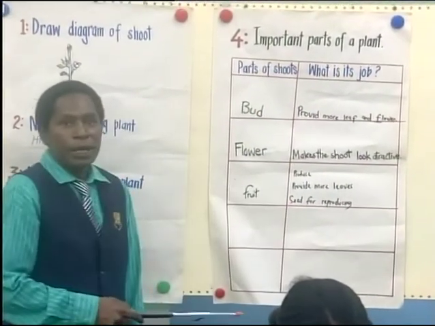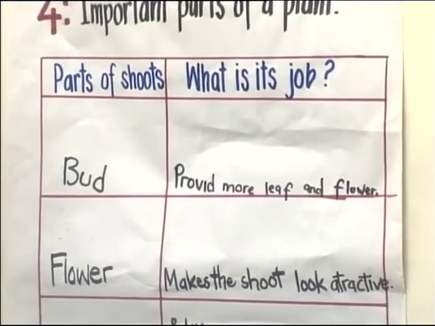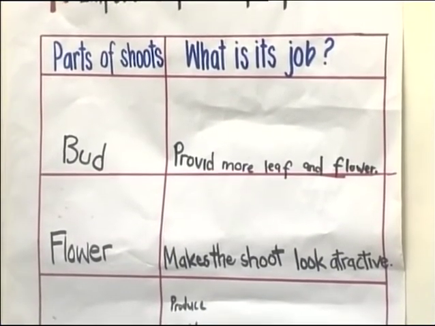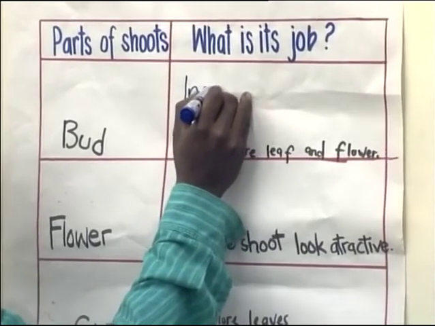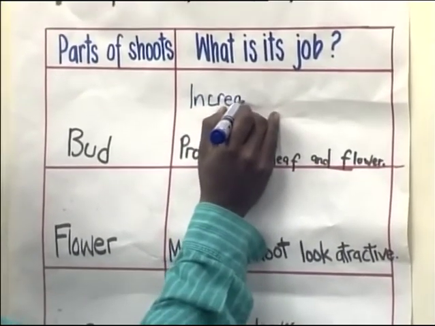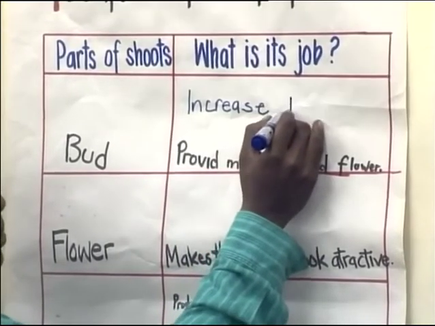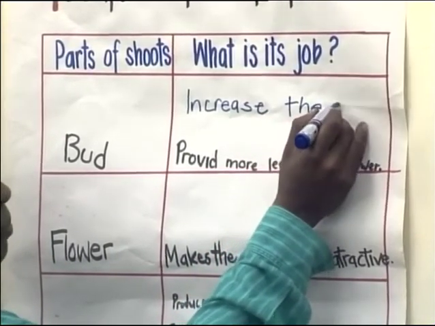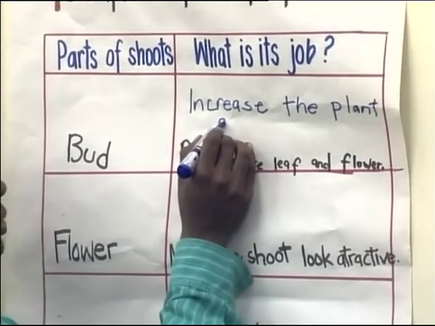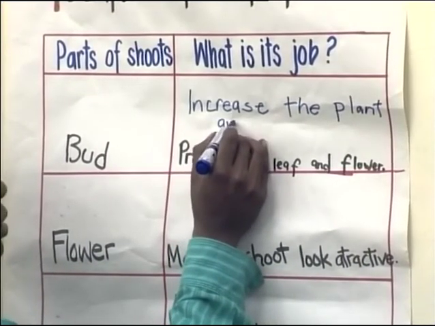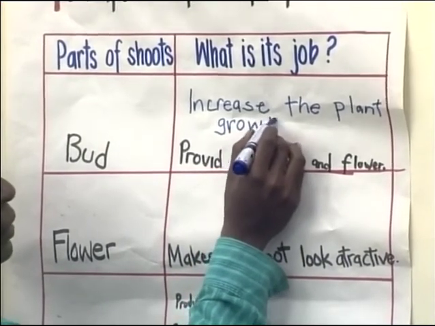Here, Bud provides more leaf and flower, and it also, class, receiving students, increases the growth of the plant.